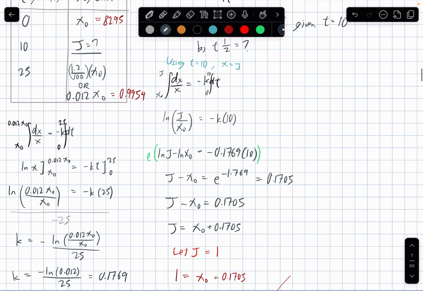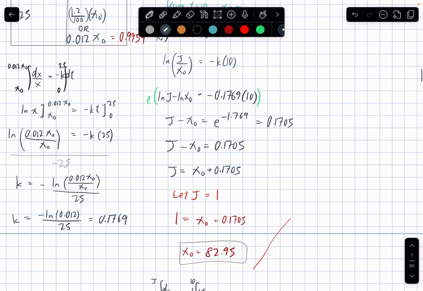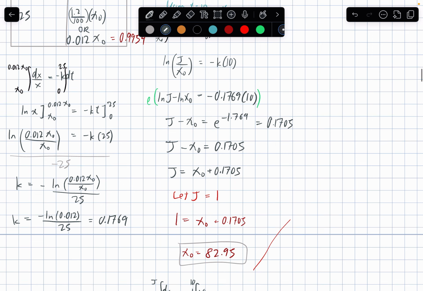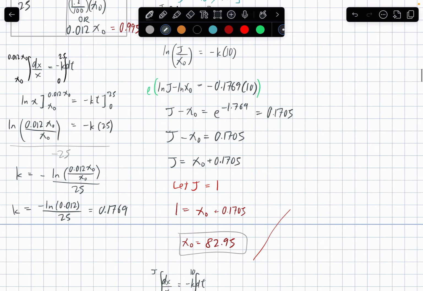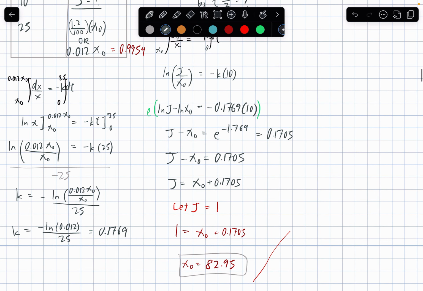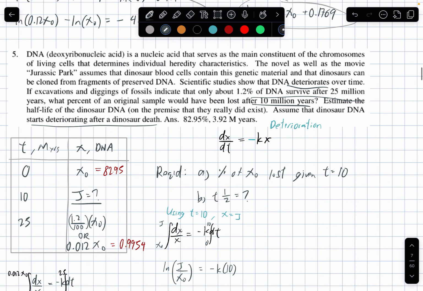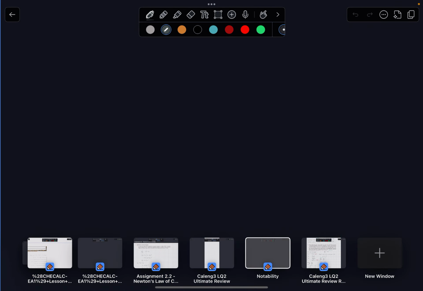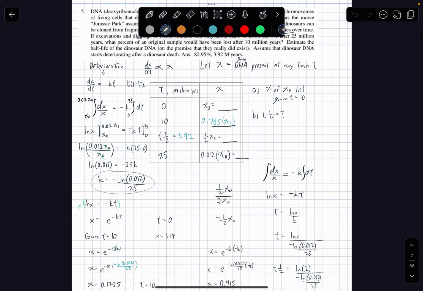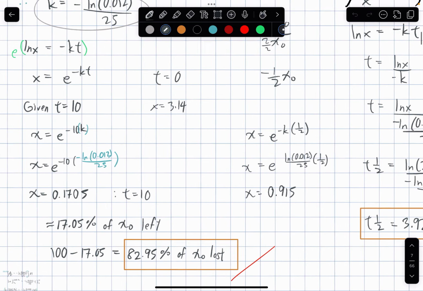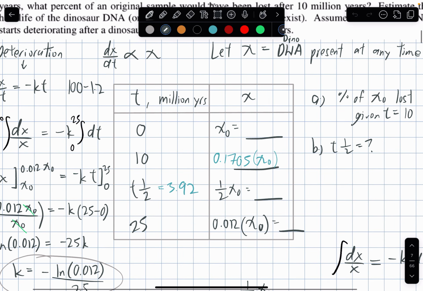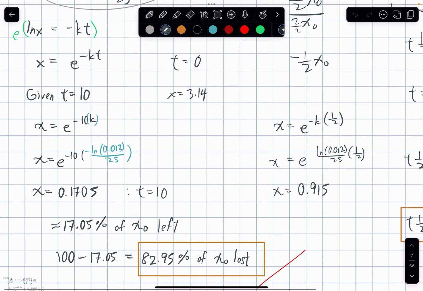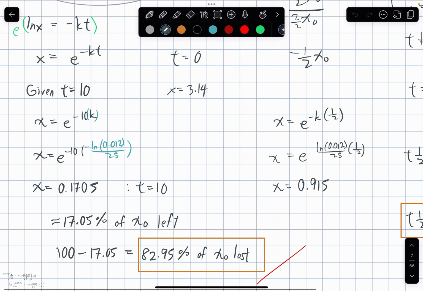What did I do? So that's already the x sub 0 value. What? No, that can't be true. Let me check my answer key. Okay, so k value is correct. We got the first one correct also.